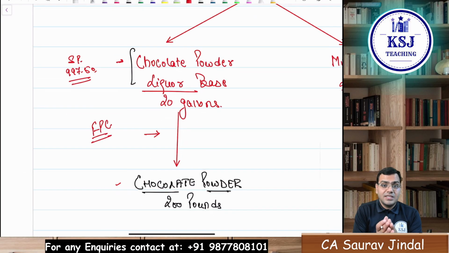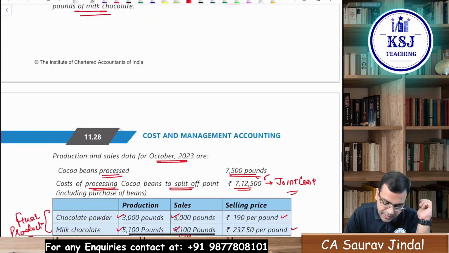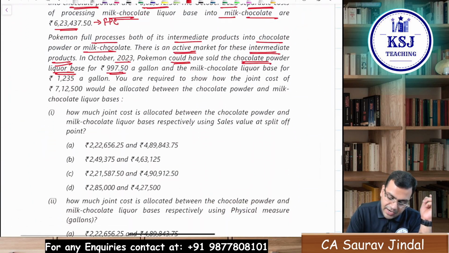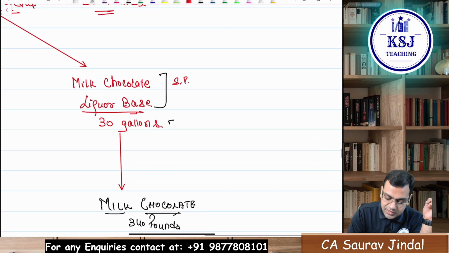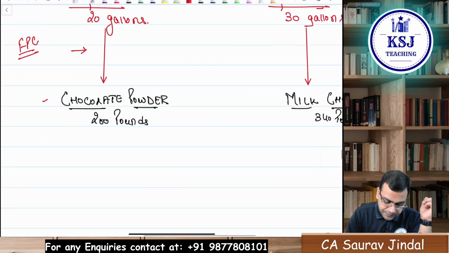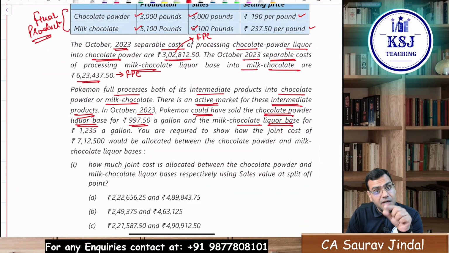So if they sell this at split off point, the selling price is 997.5. Okay, fine. And similarly, the milk chocolate liquor base for 1235 a gallon. So for this, the selling price is 1235. Clear? This becomes your selling price per gallon at split off point.